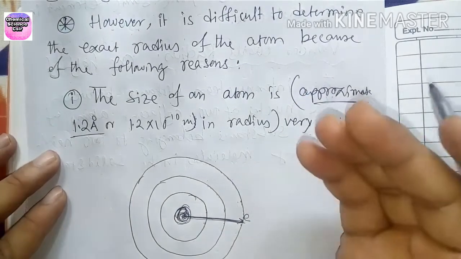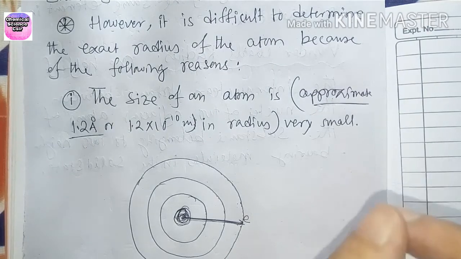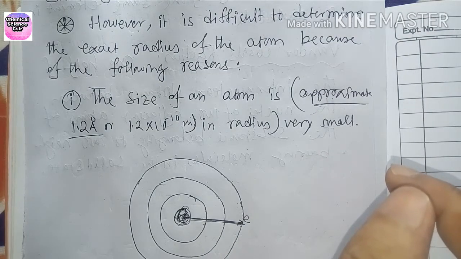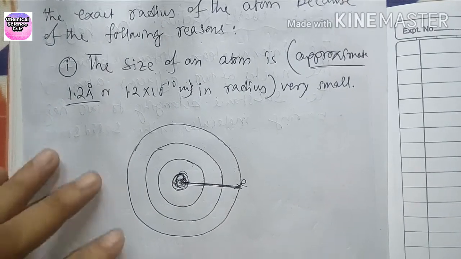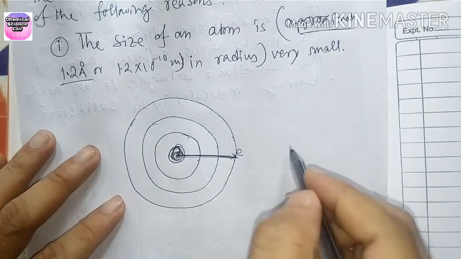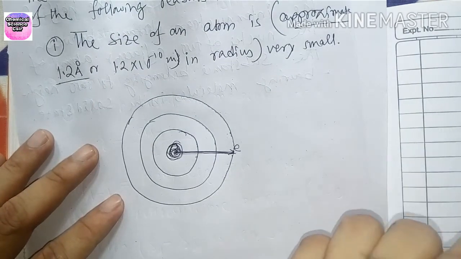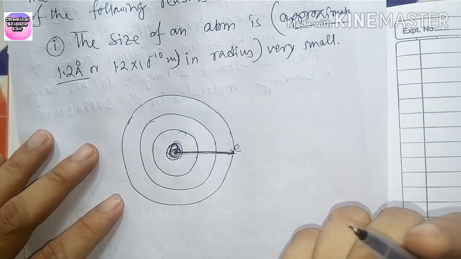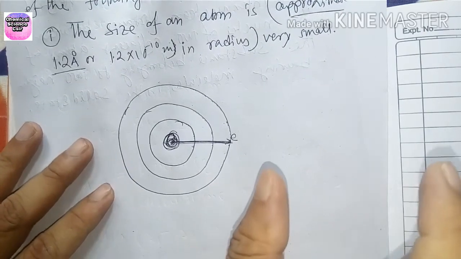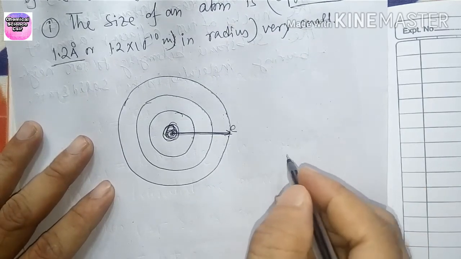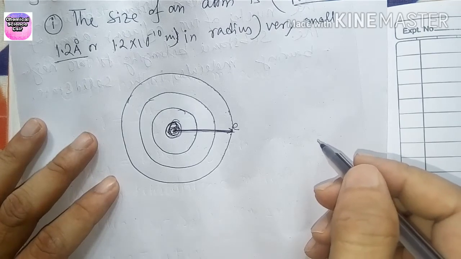Second, according to the probability picture of electrons, an atom does not have a well-defined boundary. The probability of finding the electron is never zero, even at large distances from the nucleus.